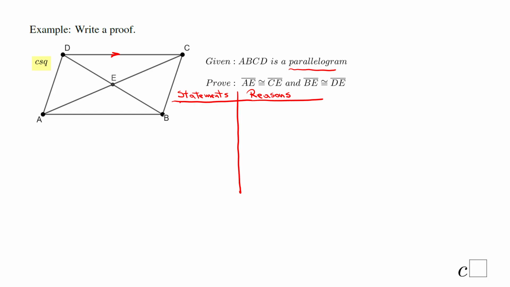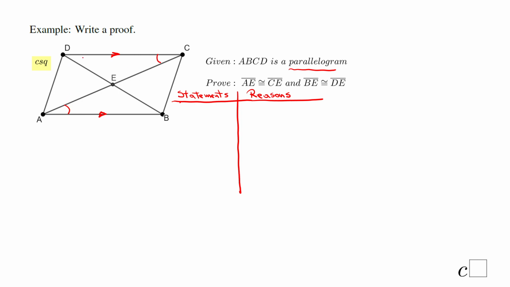Let me go back, sorry. Which means what? Means that these two angles are congruent because they are alternate interior angles. Those two segments and this transversal form these two angles which are alternate here.